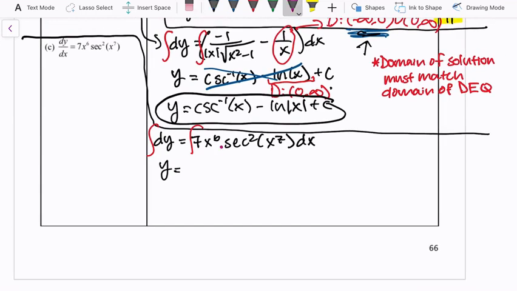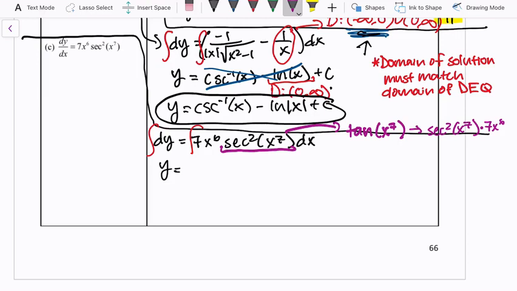If I focus here just on this secant portion, I know the antiderivative of secant squared is tangent, right? So if I have this tangent, what's inside of it? Well, that's kind of like an x to the 7th. So if this was my function and I were to differentiate it, this becomes a chain rule. The derivative of tangent would be secant squared of x to the 7th, and then we'd have to multiply it by the derivative of the inside, so 7x to the 6th.